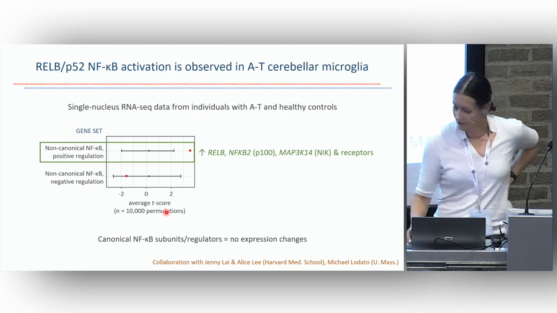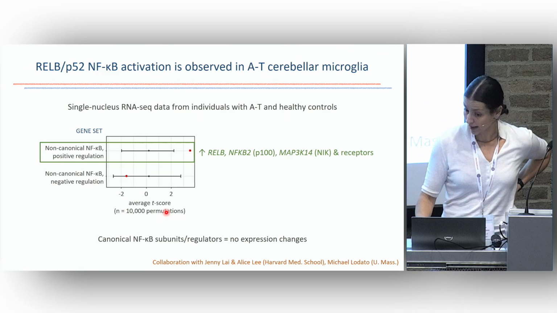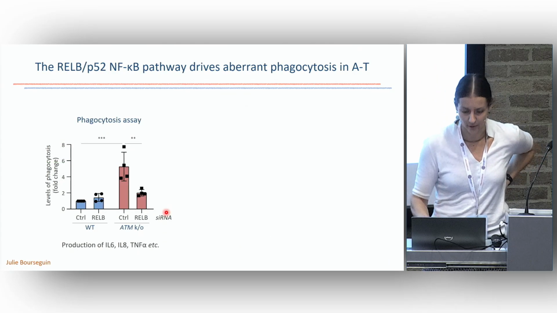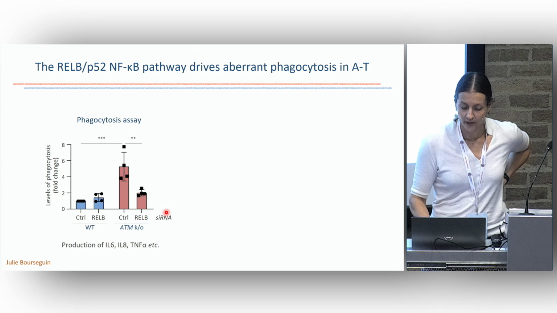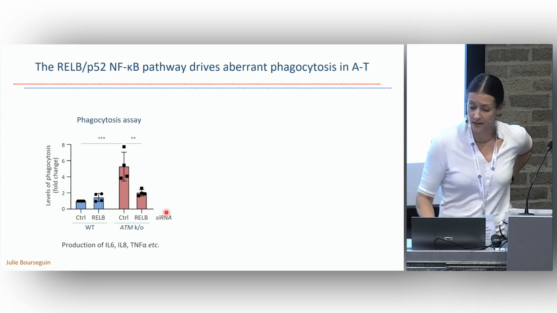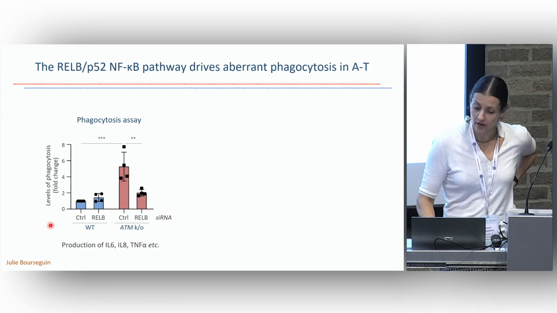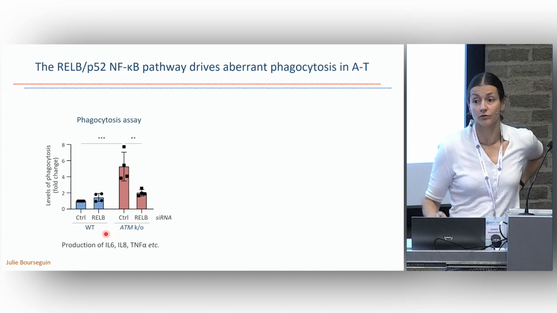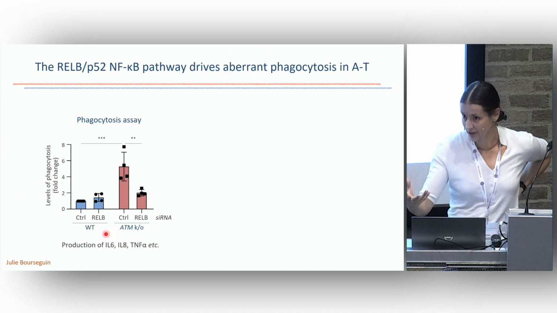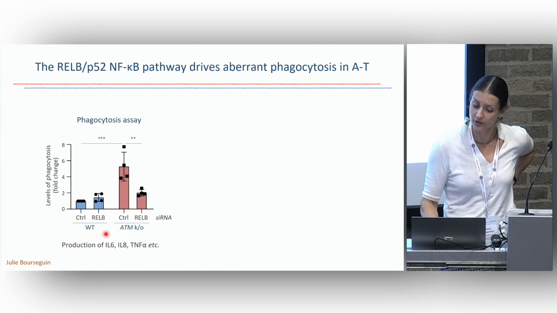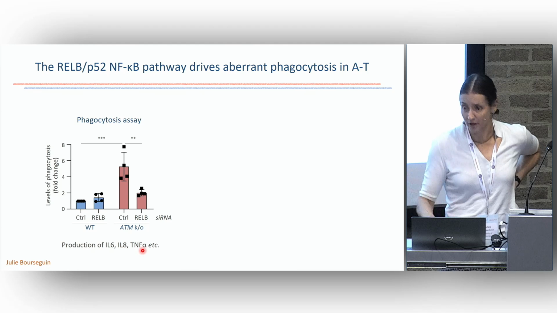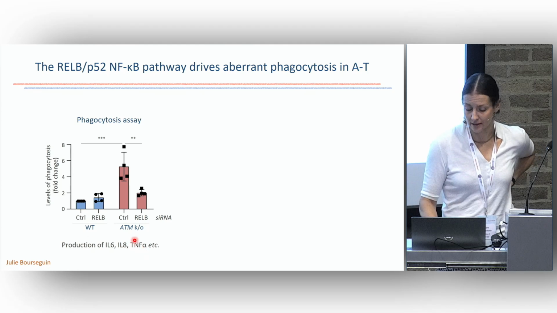So this is all lovely. It tells us that this is true in vivo. What we actually find is that this pathway, first of all, drives the production of a number of classical NF-kappa B cytokines, some of which could be neurotoxic. TNF-alpha is the one mentioned by Andrea, but also IL-6 and IL-8.